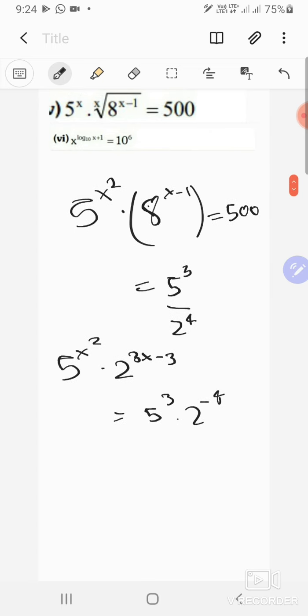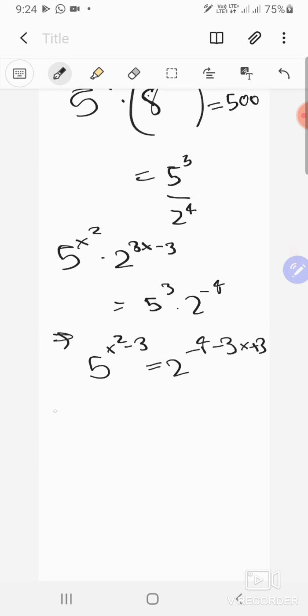Okay, cool. So it's like 5 raised to x squared minus 3 is equal to 2 raised to negative 4 minus 3x plus 3. This is weird. Okay, fine.